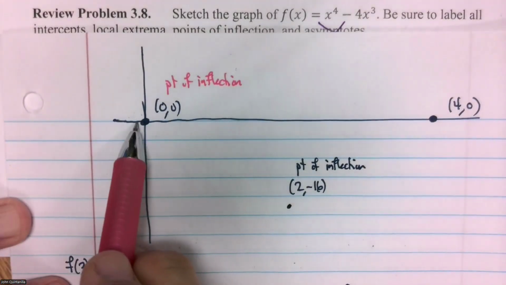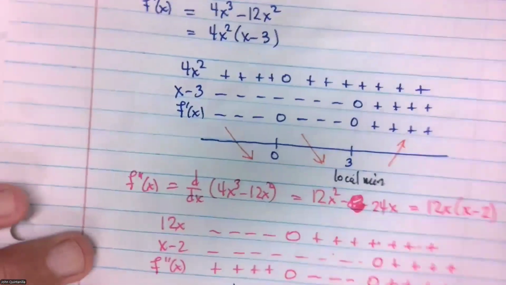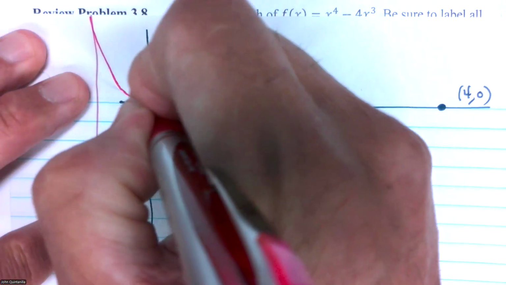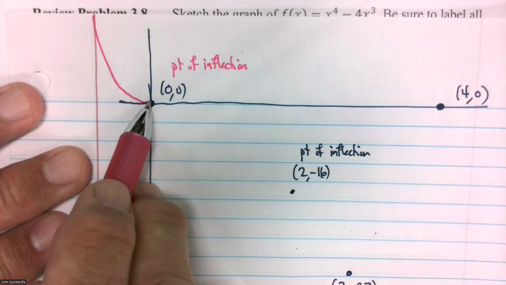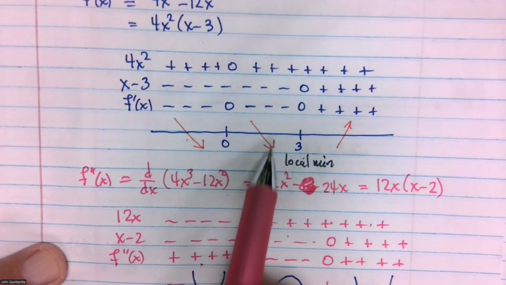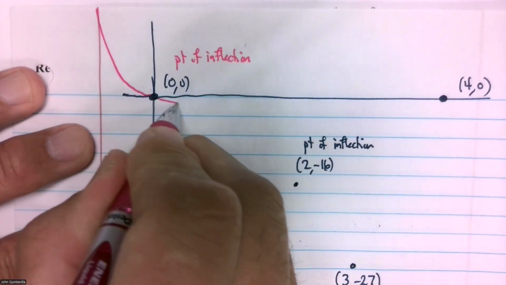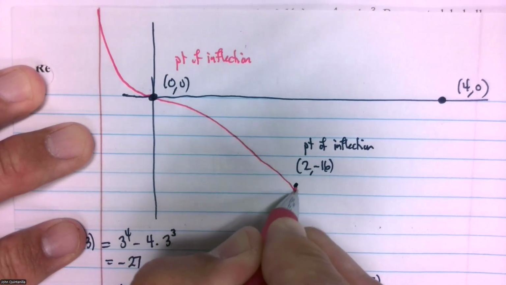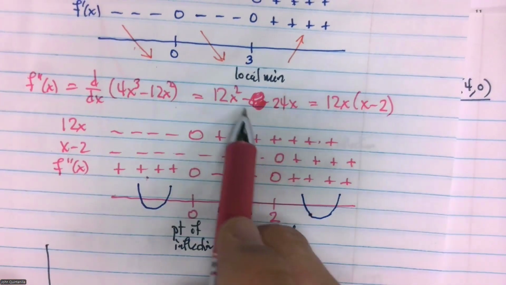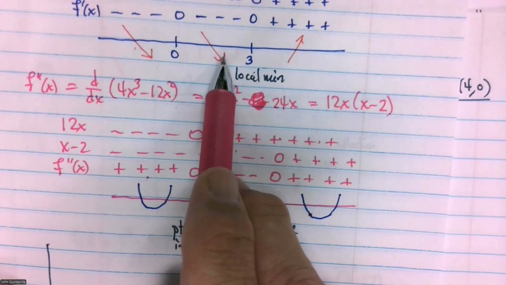So to the left of 0, the graph is decreasing and concave up. So the graph's got to go something like this, decreasing, concave up. Between 0 and 2, the graph is decreasing, but concave down. So something like this. To the right of 2, it is concave up, but until I get to 3, it is decreasing.